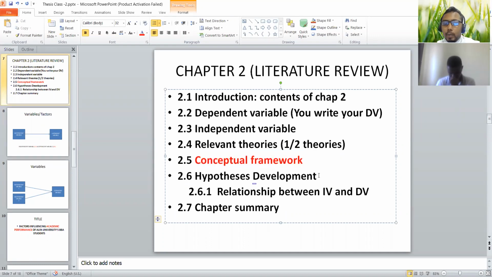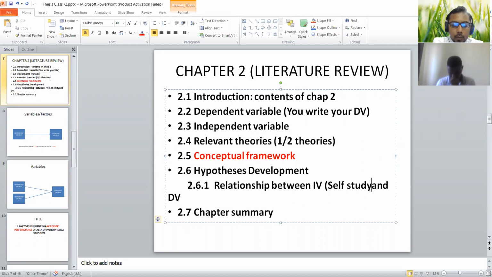Then hypothesis development. In the hypothesis development section, you just write something about the relationship between the IV and DV. So if you have an IV, like here self-study is one IV, then the DV is academic performance. In short, I just say academic performance.